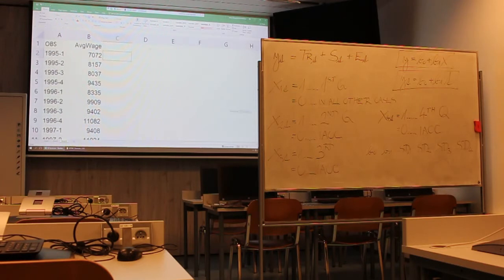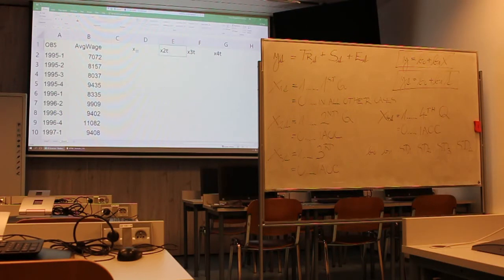I will set here, for example, column x1 at time t, variable x1 at time t. Variable x2 at time t will be here. Variable x3 at time t will be here. And variable x4 at time t will be here. I will use indices, format cell, subscript.